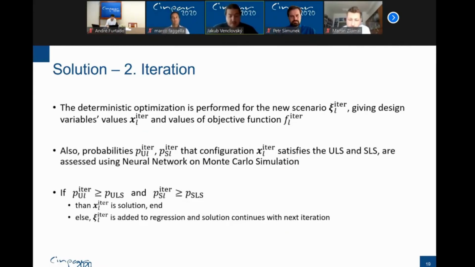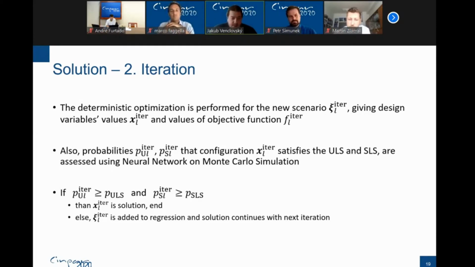And now this scenario is also assessed. First, the deterministic optimization is performed. So we get the values of design variables and the value of objective function. And we can also assess the probabilities, again, using the neural network and Monte Carlo simulation.